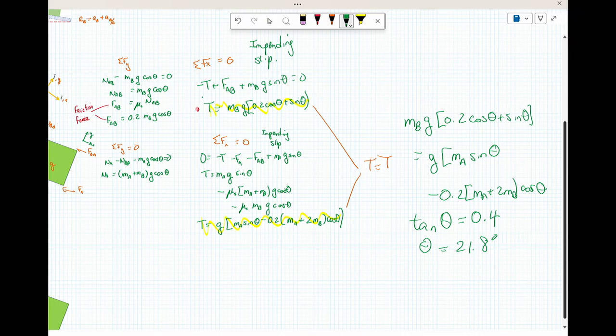But in this case, in order for no slip to occur, I have to have an angle theta which is less than 21.8 degrees. Since the original angle I was given is 25 degrees, this is a slip problem. And that's how you check. You don't presume at the very beginning that you have slip or no slip. You presume you have no slip, solve through, and then you solve again.